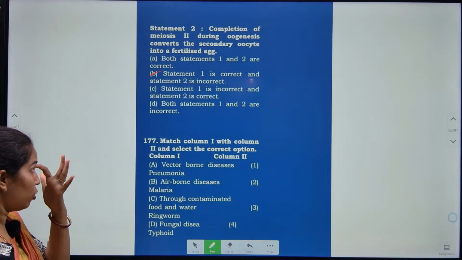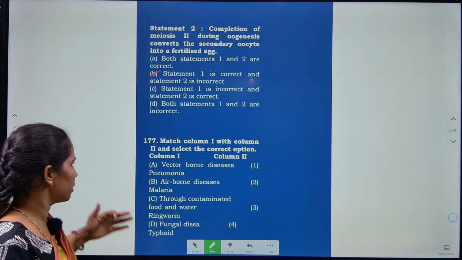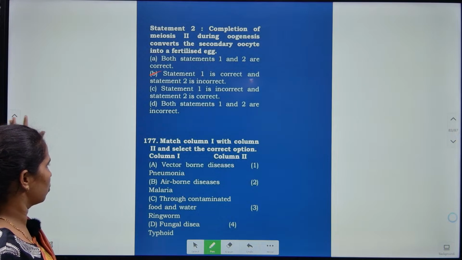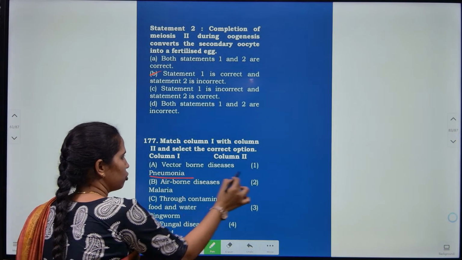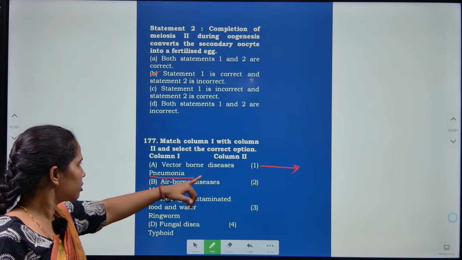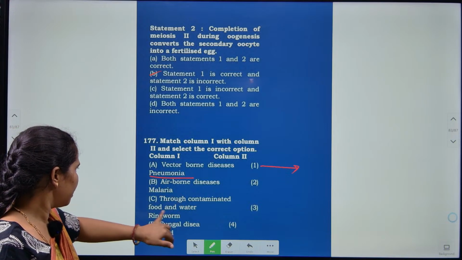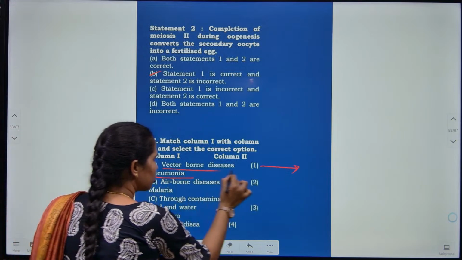Next, question number 2, match the following of column 1 with the column 2 and select the option here. So these options have to be present here. By mistake they have been shifted here. So vector borne disease, one is airborne disease, and through contaminated food and water, and fungal disease. So vector borne disease is always the malaria.